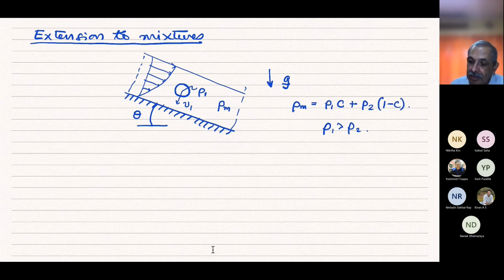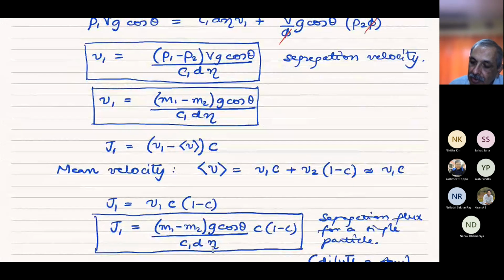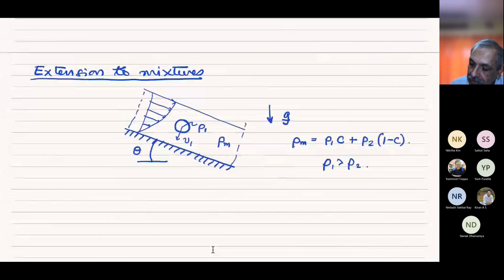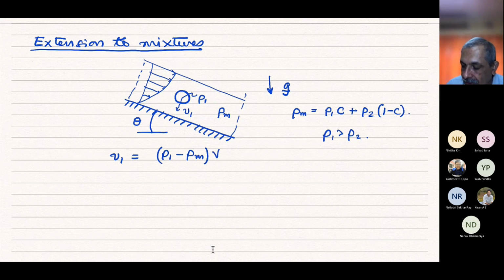There is no difference in the derivation, and what you will now get is, instead of rho 1 minus rho 2 as in the segregation velocity here, V1 is just equal to rho 1 minus rho m into g cos theta divided by c1 d into eta.